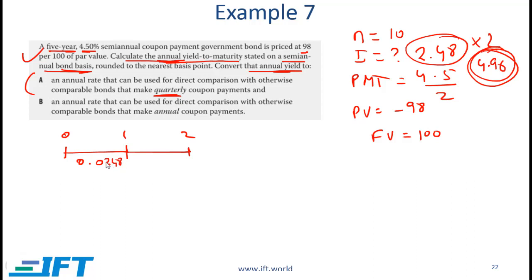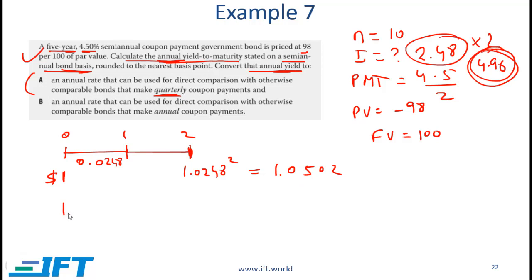This means that $1 invested at the start will become 1.0248 squared at the end of the second period, or at the end of the year. If you do this calculation, you get 1.0502.